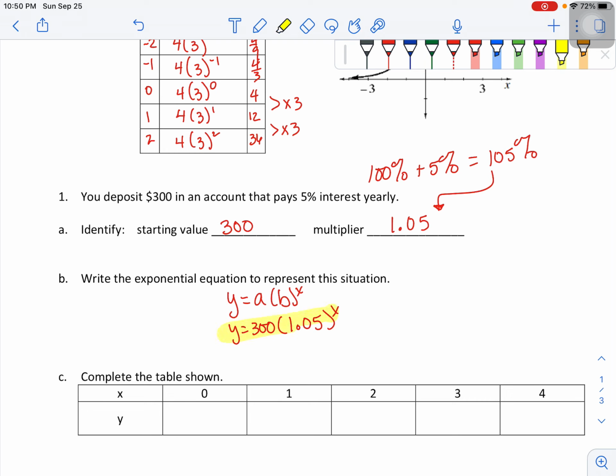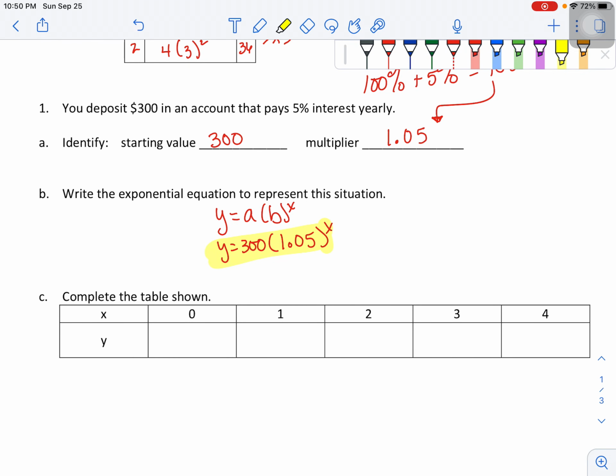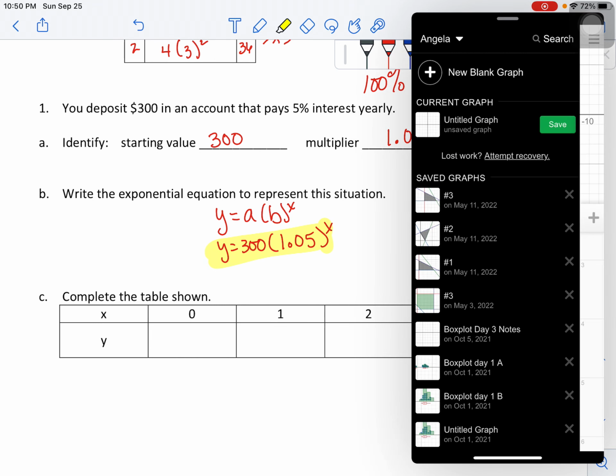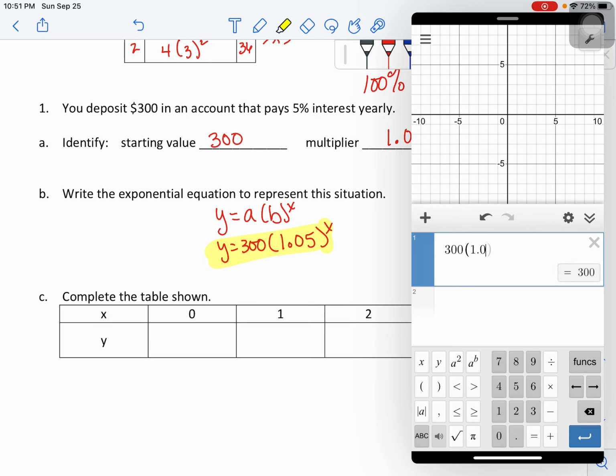And then, of course, once you have your equation, you're going to see what happens each year. So if I plug in a 0, right, we're going to take our Desmos back. If I plug in a 0, 300 times 1.05 to the 0, I get $300. That makes sense.